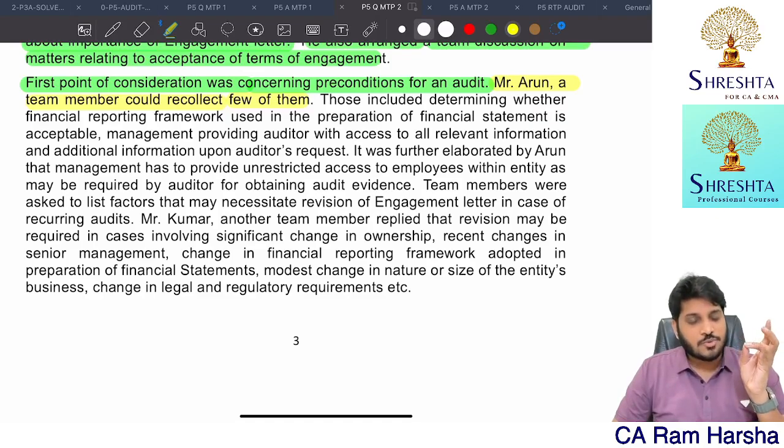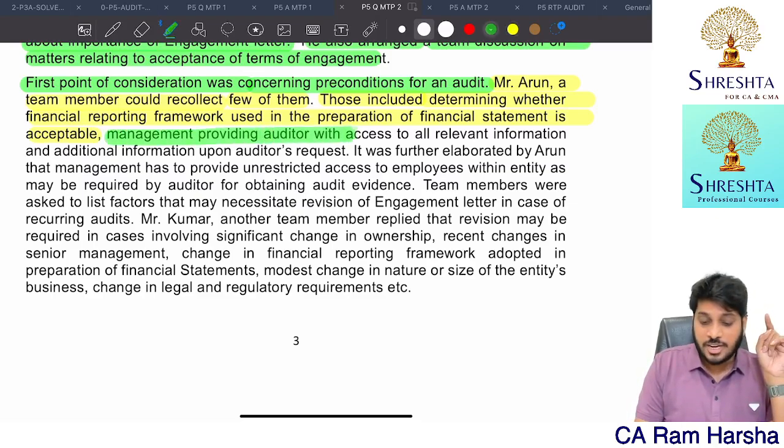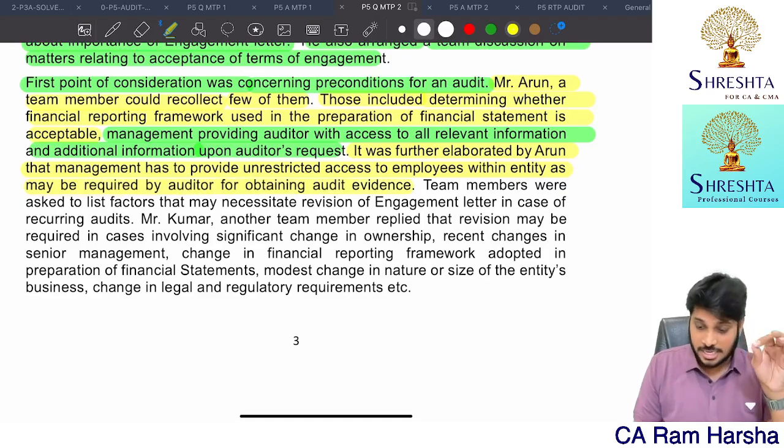Management is responsible to provide the auditor with complete access to information, records, additional information, and unrestricted access to people. Those included determining whether the financial reporting framework used in preparation of financial statements is acceptable. One of the preconditions: management providing the auditor with access to all information, additional information upon auditor request. It was further elaborated by Arun that management has to provide unrestricted access to employees within the entity as may be required by the auditor. Yes, correct.